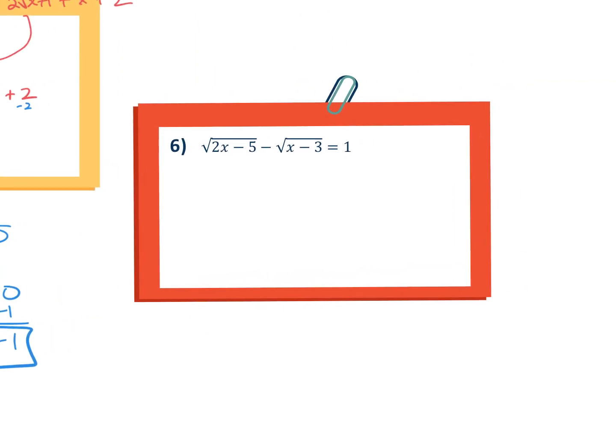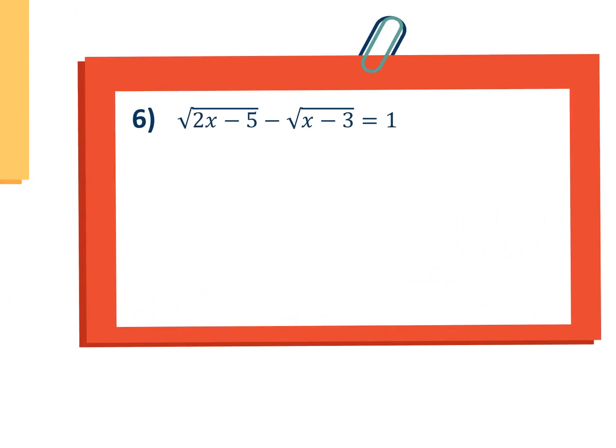Again, step number 1, isolate the radical. Again, we're going to have 2 radicals. We're going to have to do this squaring technique twice. So let's move this one to the other side. So 2x minus 5 equals 1 plus the square root of x minus 3.